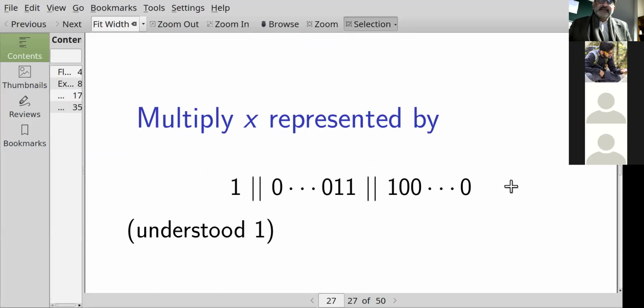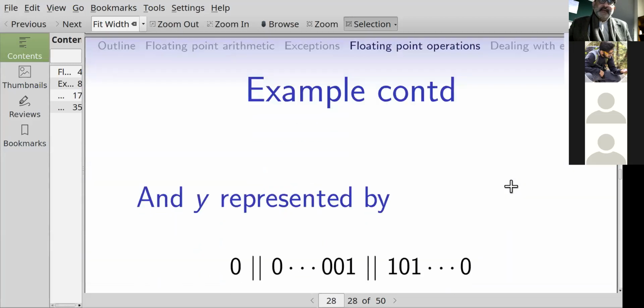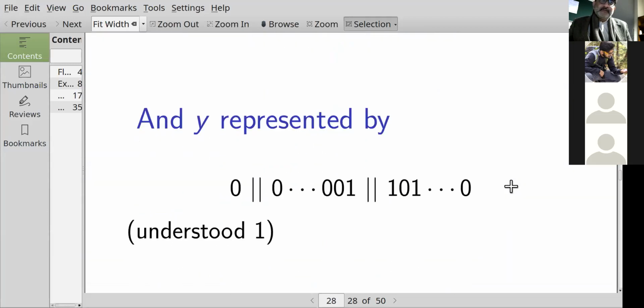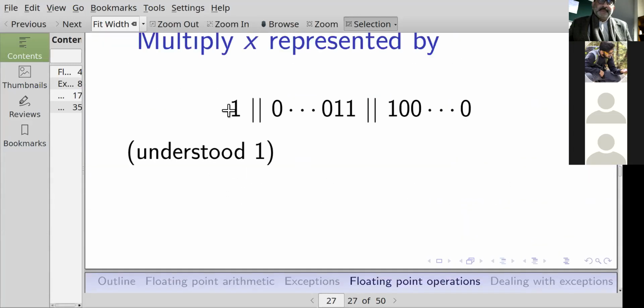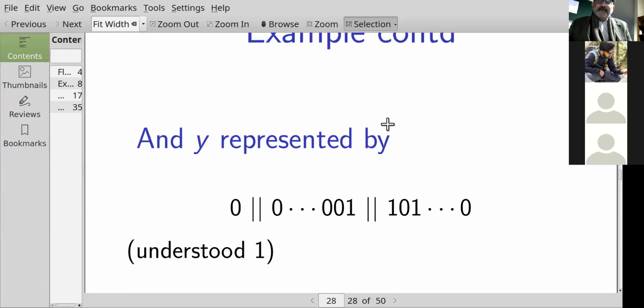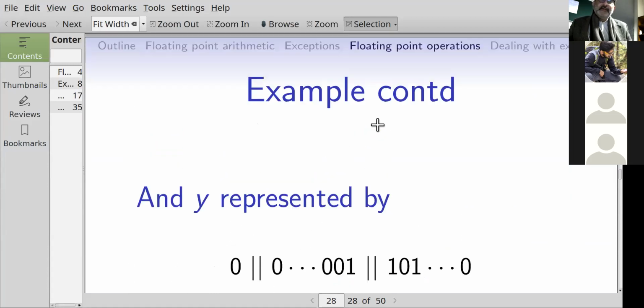Okay, so we have x. Let's say we have x like this, again with an understood 1, and we have a y like this with an understood 1, and because the sign bits are different, the result should have a sign bit of 1, right?